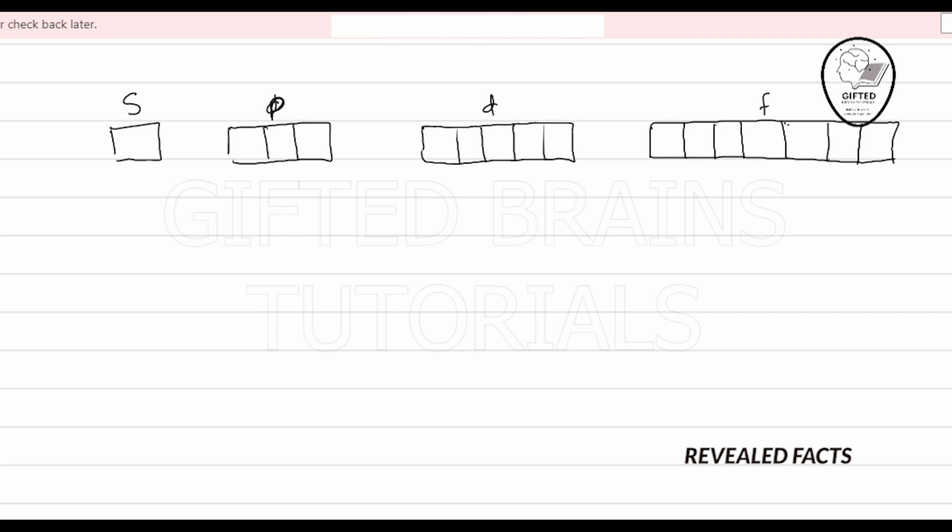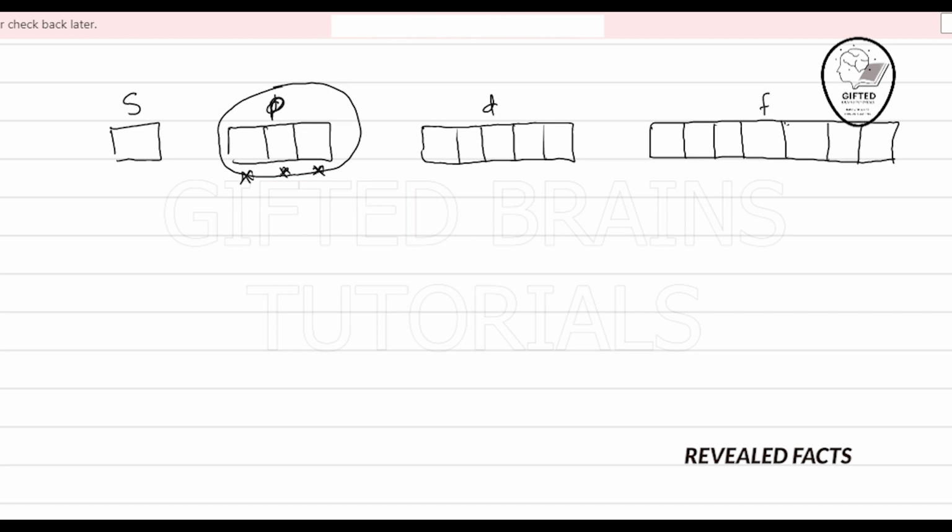So the question is, what is an orbital and what is a sublevel? Let me just use this p for instance. The whole of these 3 boxes for the p is what is known as the p sublevel. And each of these boxes, the first box, the second box, and the third box, is an orbital. So take note of that. Very, very important.